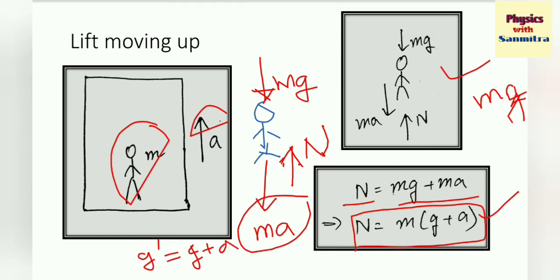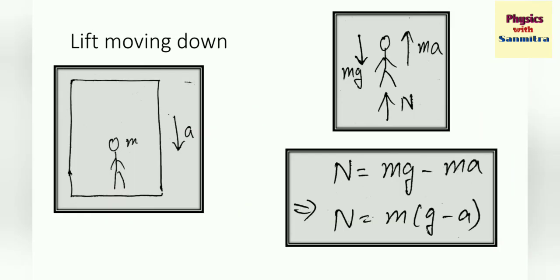Okay. Now the next case is lift moving down. The lift is moving down with an acceleration of a, and this person is in the lift and his mass is m. Now let's draw the free body diagram. There will be mg downwards, and there will be an N from the surface.